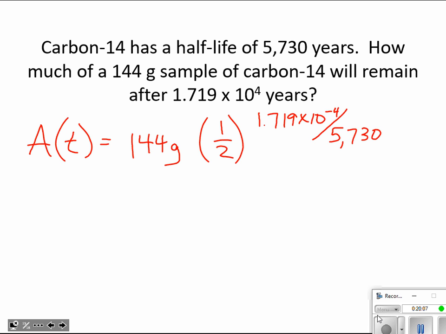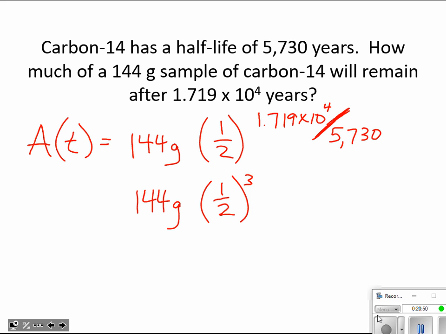So how I'm going to start is I'm going to take 1.719 times 10 to the fourth. Ooh, I wrote negative fourth there. Let me fix that. 10 to the fourth. And I'm going to divide that by 5,730, and that gives me 3. So basically, I'm taking 144 grams times 1/2 to the third power. What is 1/2? It's 0.5, right?